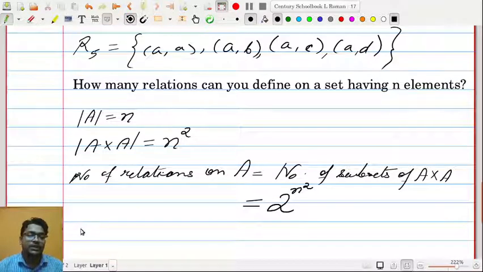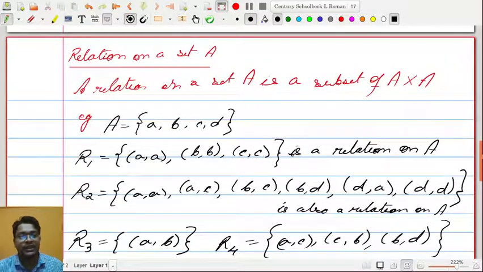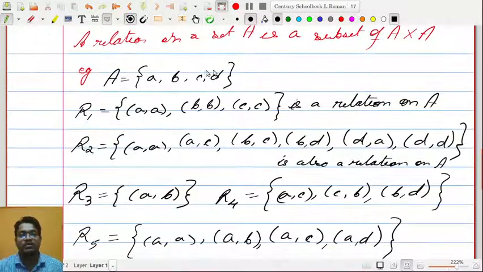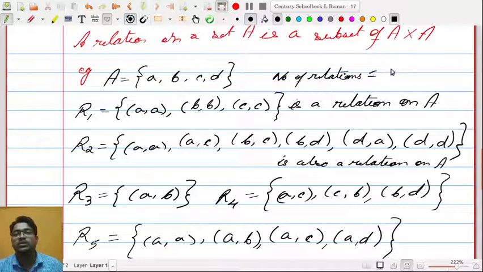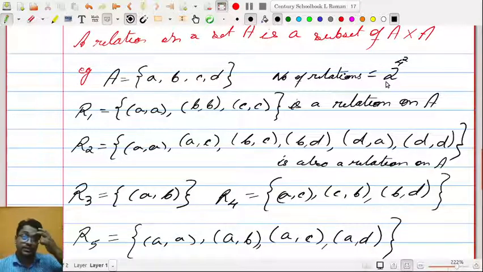So in this earlier case that we have taken, A is a set having 4 elements. So number of relations that we can define here will be exactly equal to 2 to the power 4 square.